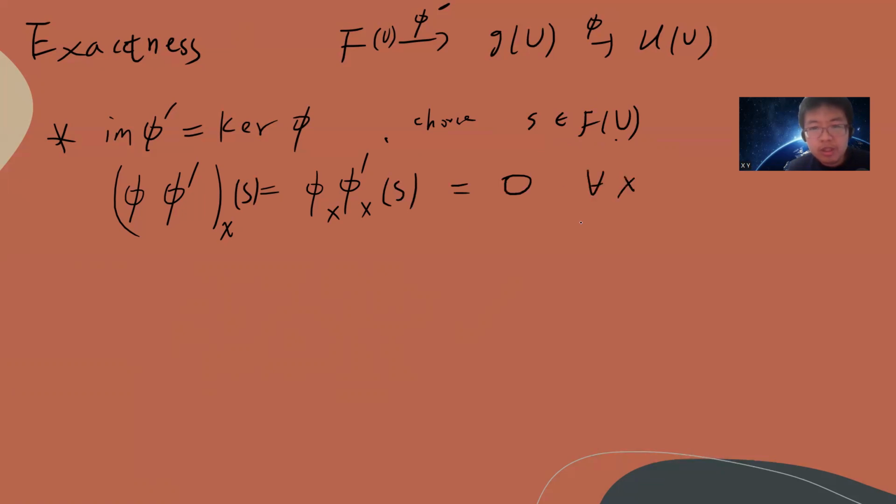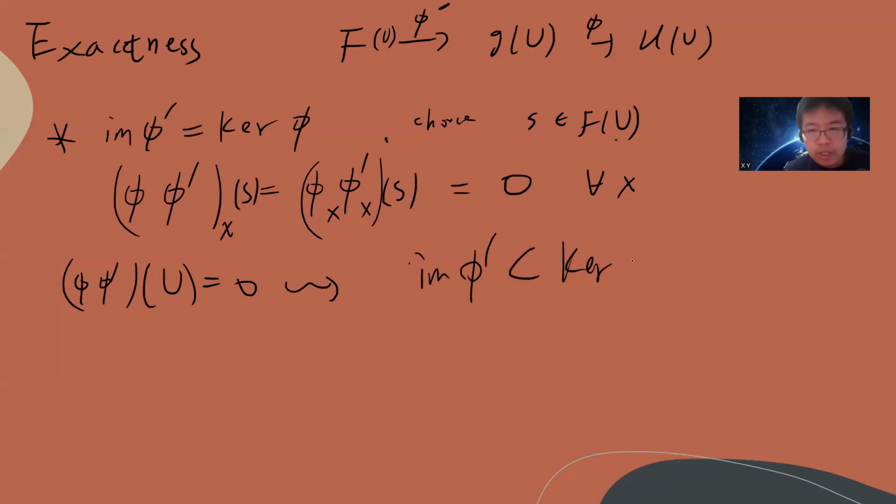Because for all x, this phi map on each stalk is 0. So this guy must be 0, because if each stalk is 0, the injectivity will give you this. So we got an easy direction: the image of phi prime is in the kernel of phi.